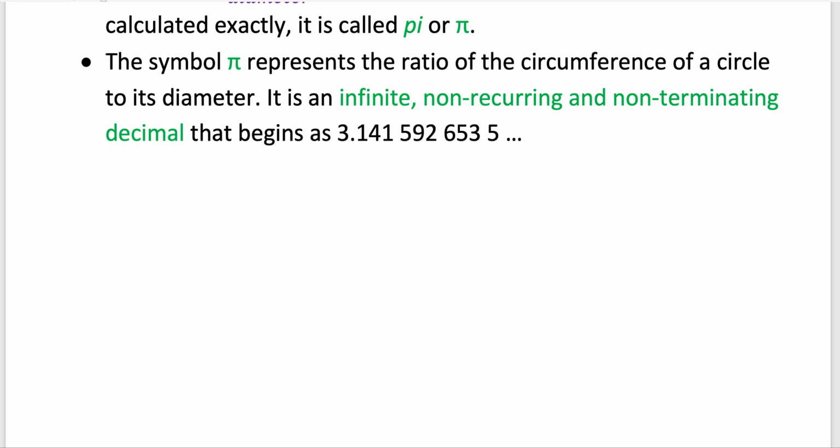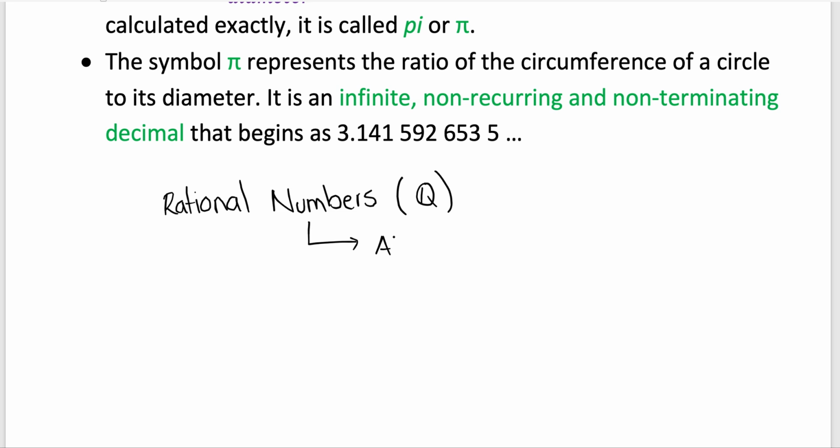We said that the symbol for rational numbers is Q. We write it like something like this. And we said that rational numbers are all those numbers that can be written as a fraction.